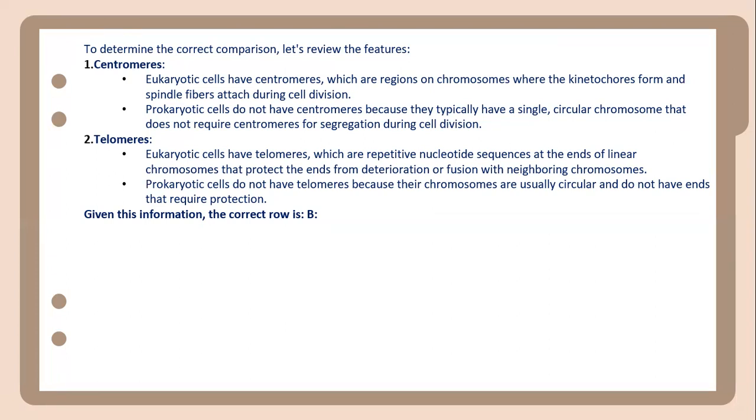For telomeres, eukaryotic cells have telomeres, which are repetitive nucleotide sequences at the end of linear chromosomes that protect the ends from deterioration or fusion with neighboring chromosomes. Prokaryotic cells do not have telomeres because their chromosomes are usually circular and do not have ends that require protection. So the answer will be B.